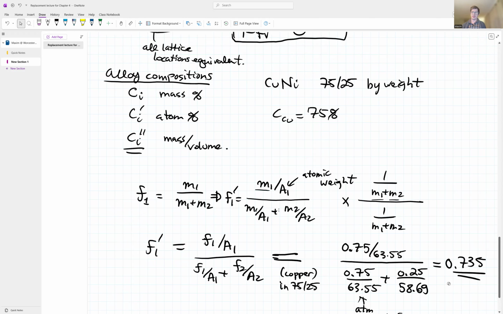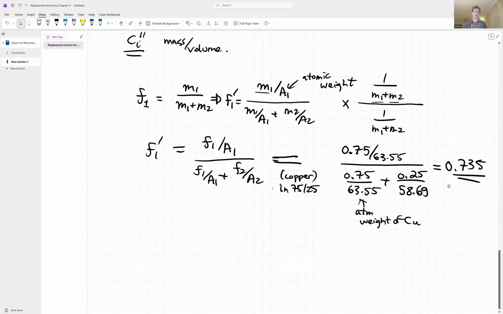So if you have 75-25 by weight, it's actually a little bit more balanced in terms of the actual atoms. You have 73.5% atoms copper, and then the rest is nickel. So that's how you convert from F1, the fraction by weight, to F1 prime, which is by atom.